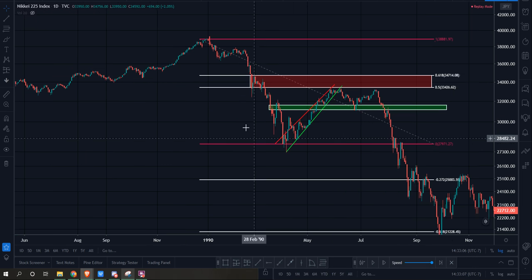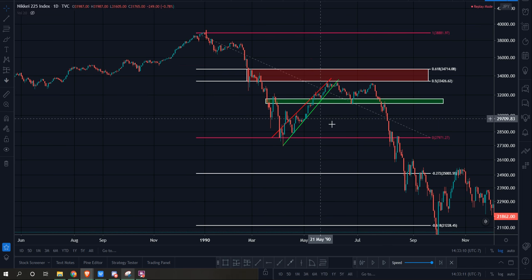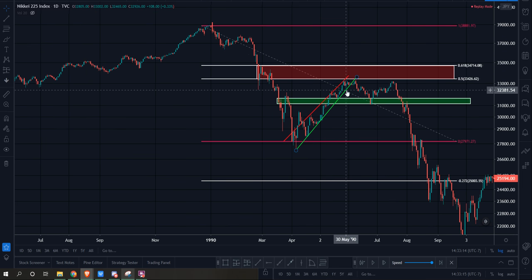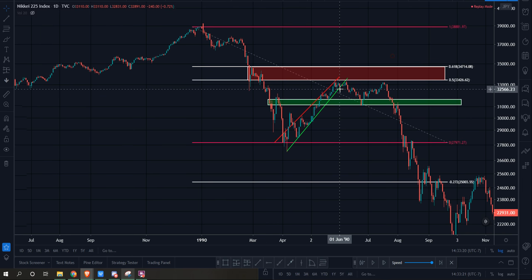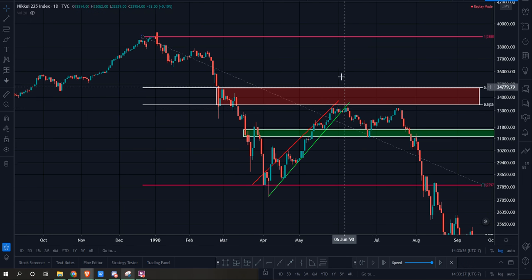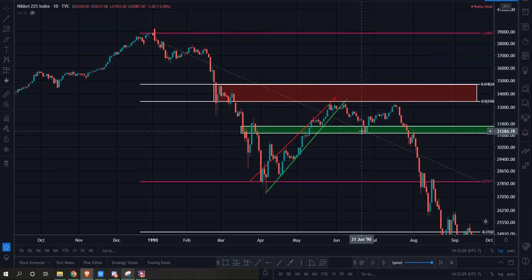Now, within Japan stock market, post the initial move to the downside, we got an ascending channel flag. You can call it whatever you like, but this is a bearish pattern to the downside and a continuation to make that next leg down. Now, what did we see? We saw a push to the downside to initiate the actual bear market continuation, but we got halted by a key level of support, previous level of resistance, previous level of support and resistance right here.